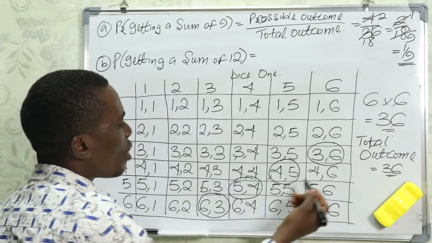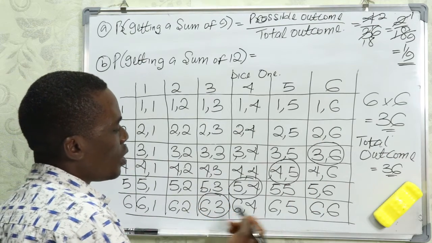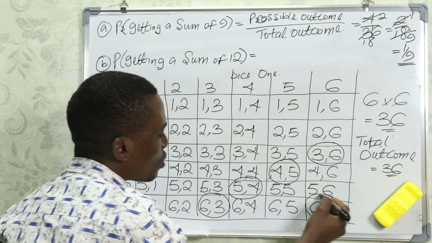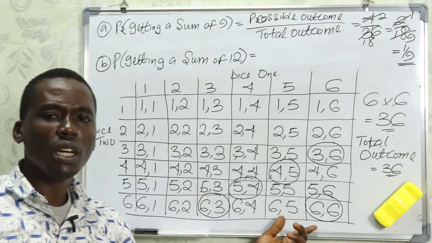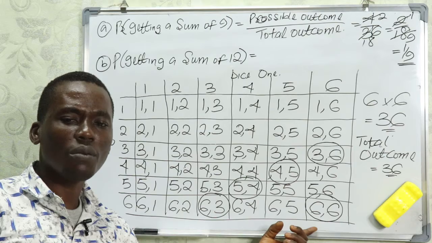What two numbers can you add together that can give us 12? This 6 plus 6 will give us 12. Do you notice that it is just 6 plus 6 that can give us 12?